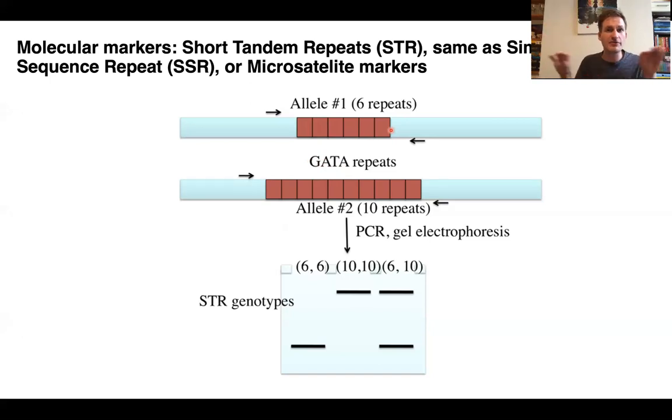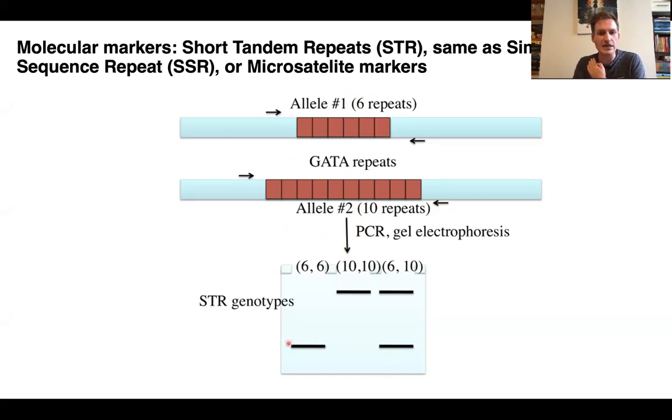So this is a very frequent polymorphism. In this individual here, that GATA is instead duplicated 10 times instead of 6 times. So if we were to PCR or amplify that region of DNA and then run that in gel electrophoresis, we would see some different bands forming.